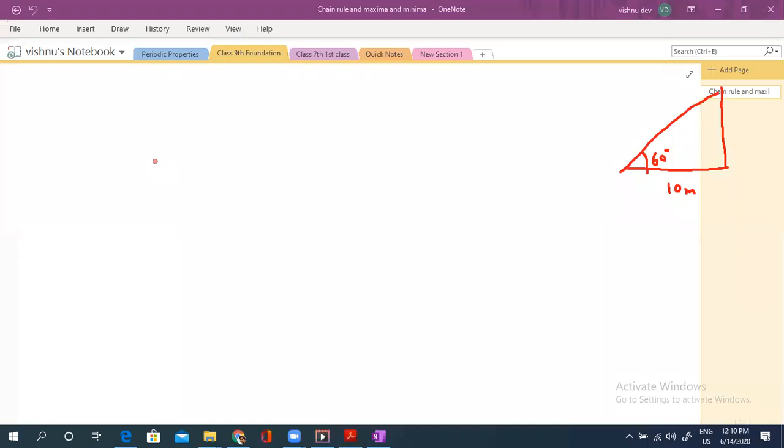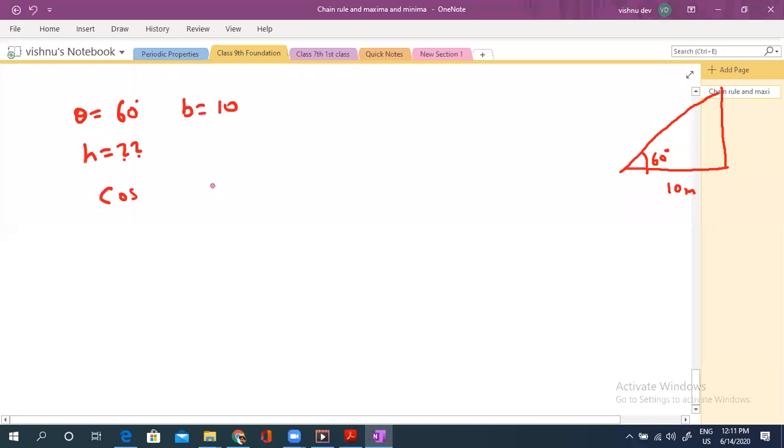Okay, so we have again theta equal to 60 degree and we have to find hypotenuse, and base is given which is 10. So which ratio to use? Cos theta. So cos 60 degree is equal to base by hypotenuse. So hypotenuse is equal to base by cos theta.